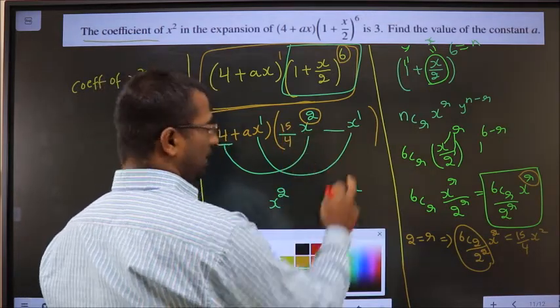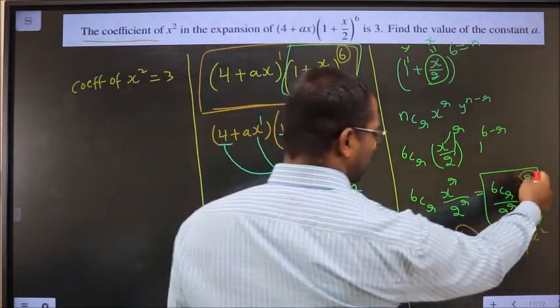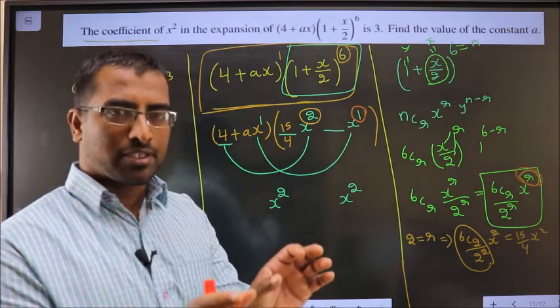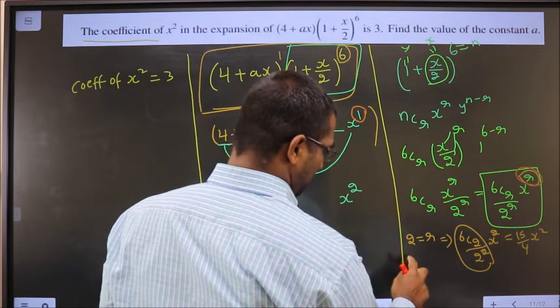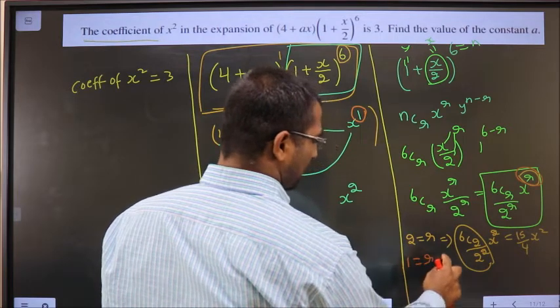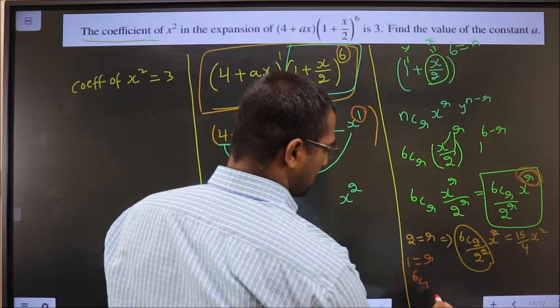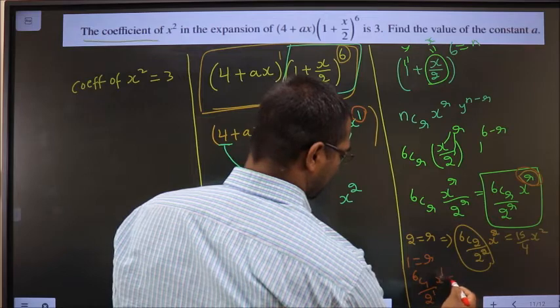Now, I need to find the coefficient of x power 1 and here x power r. Equate both the powers of x to get the value of r. So 1 equal to r. Replace r equal to 1 in this. So I get 6C1 by 2 power 1 x power 1.